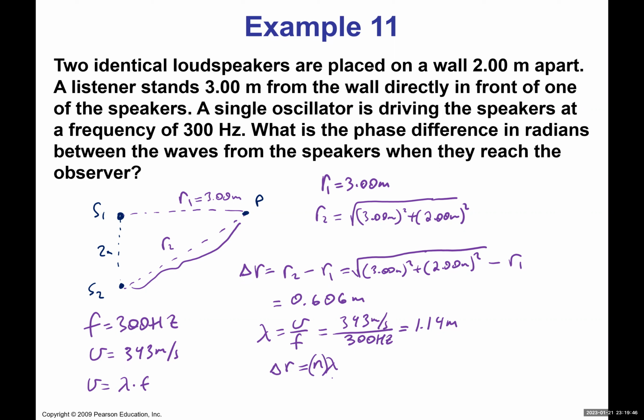Most of the time it can be somewhere in between. So we can take the delta R divided by wavelength to find the coefficient in front of the wavelength in that equation. That means if I do 0.606 divided by 1.14 meters, what we're going to get here is 0.530.